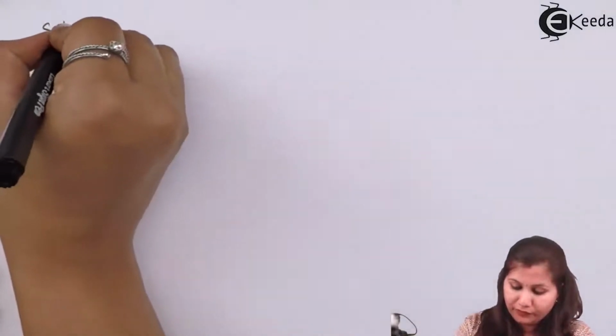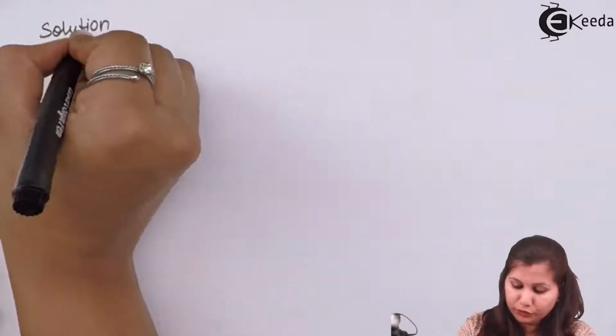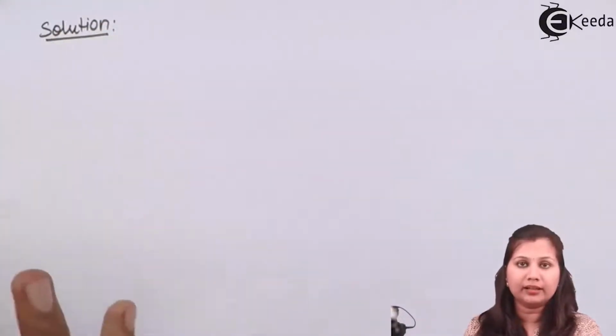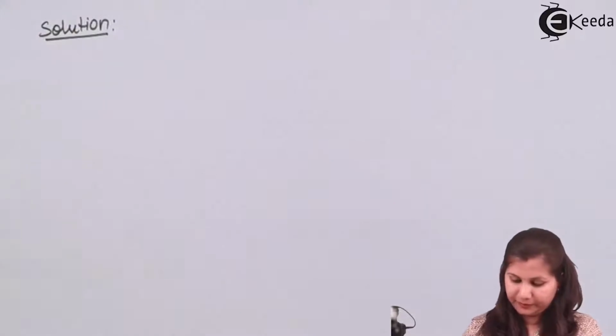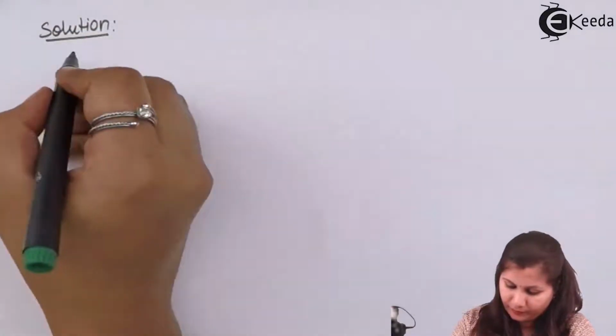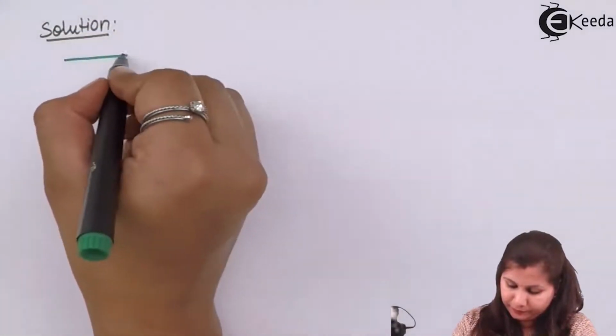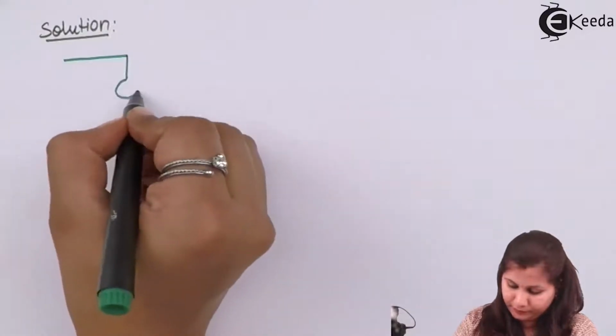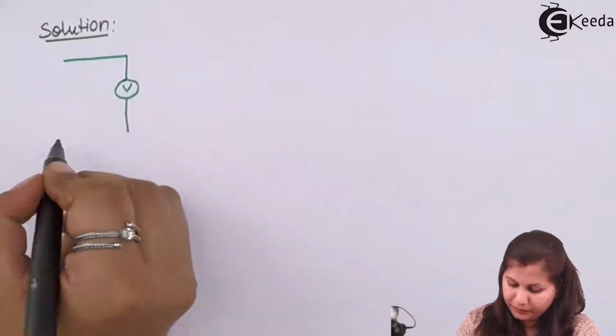First of all, we will draw the circuits for the two connections in this method. Here we will have a voltmeter.